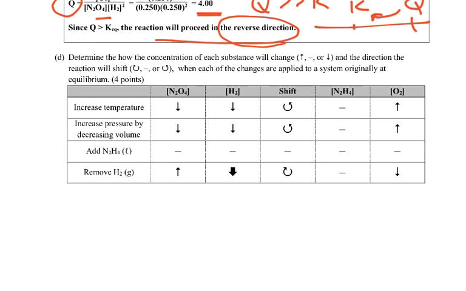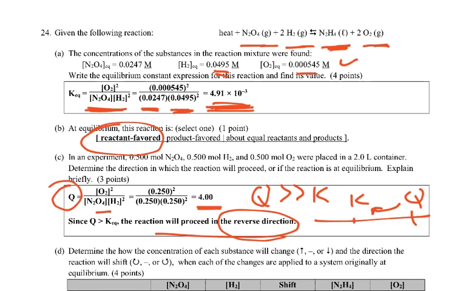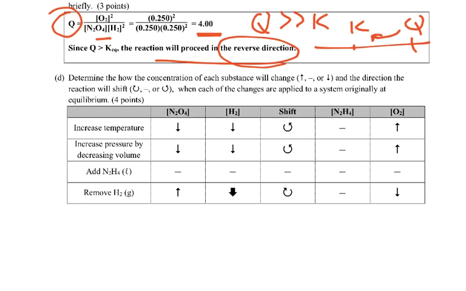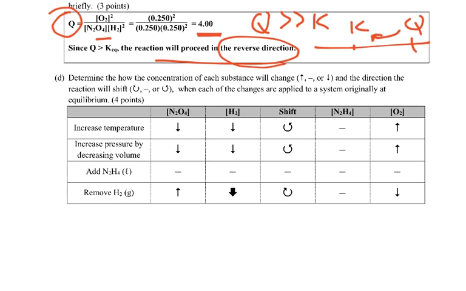Okay, last little part here, we have some Le Chatelier's principle. So we have N2O4 plus H2. This is our original reaction. Let me go back up here. N2O4 plus H2 turns into NH3 and O2. Okay, remember that the N2H4, okay, that's a liquid.